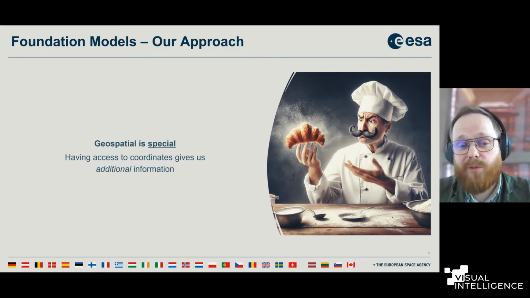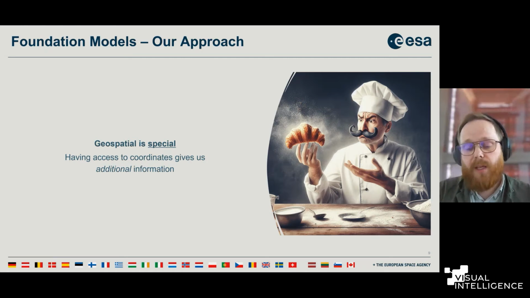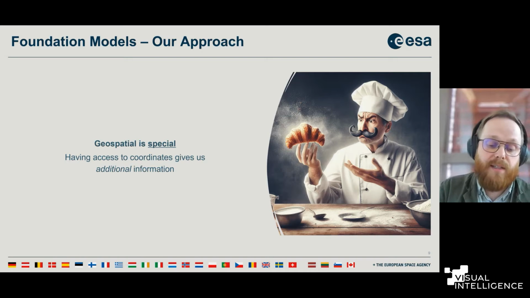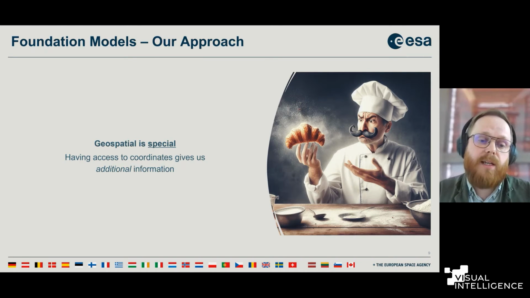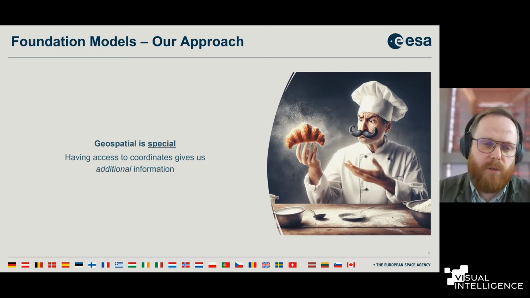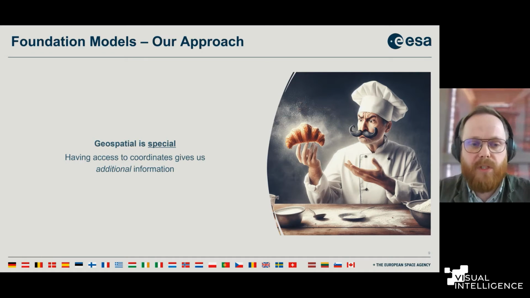And this gives us a lot of additional information that we can use to create our models. It also allows us to bring in a lot of additional data sets, like what is the terrain like in this area? What's the climate like? What's the biosphere in this area? How much water in this area? Well, water maybe is not so static, but some of these more static data sets we can definitely use.